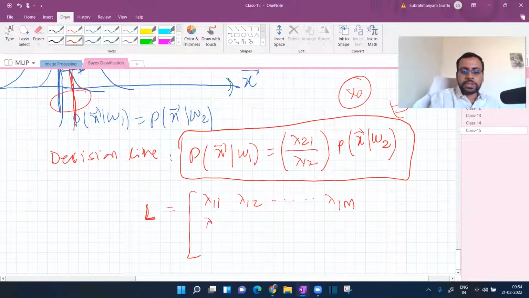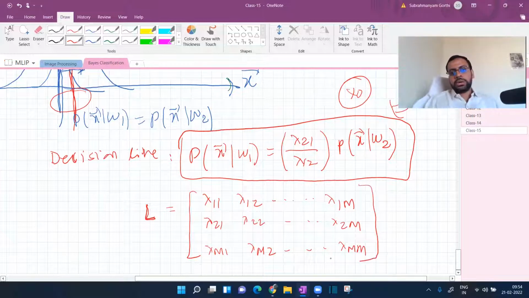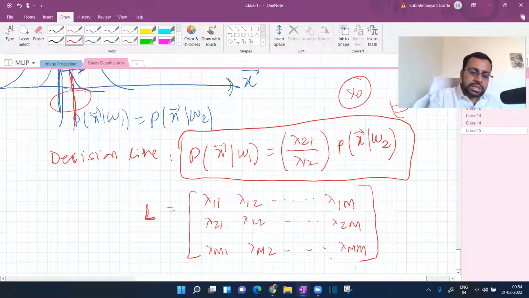So this is lambda 21, lambda 22, so on up to lambda 2m. Last one is lambda m1, lambda m2, and this is lambda mm. This is how you would specify the penalties through this matrix, and this matrix is referred to as loss matrix.